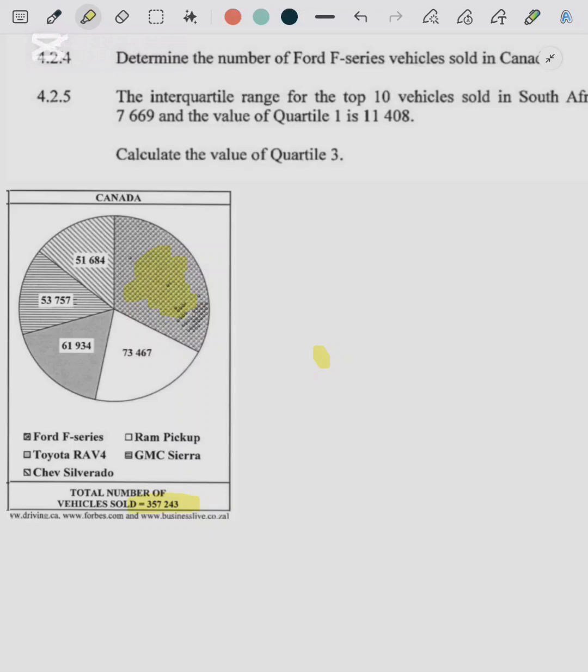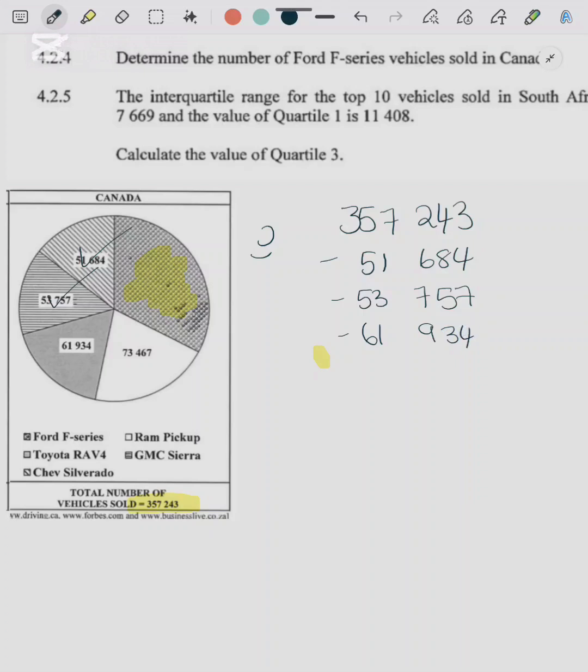To find the missing value, I take my total, 357,243, and take away all of my known values: 51,684, 53,757, 61,934, and 73,467.